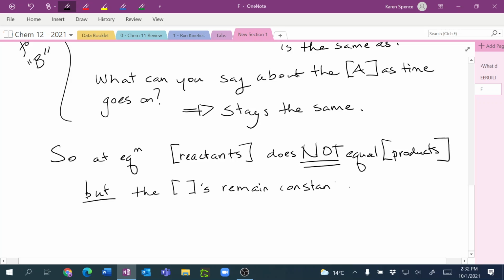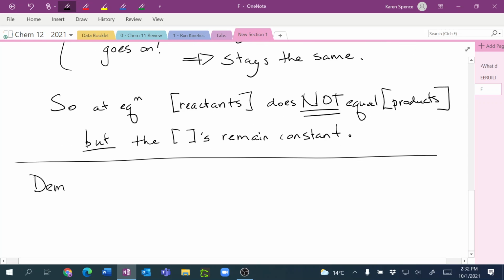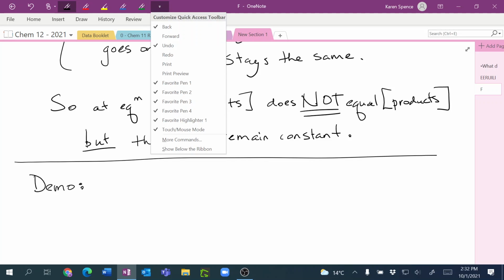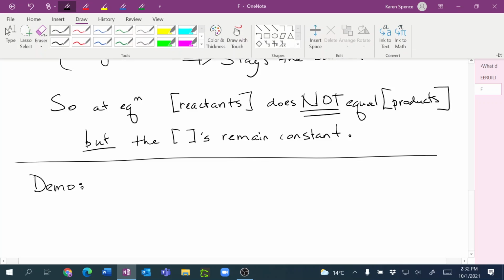All right, and we are now going to take a look at a system that contains, here is our demo, and we are looking at some tubes and they contain a brown gas, which you will see in just a moment.